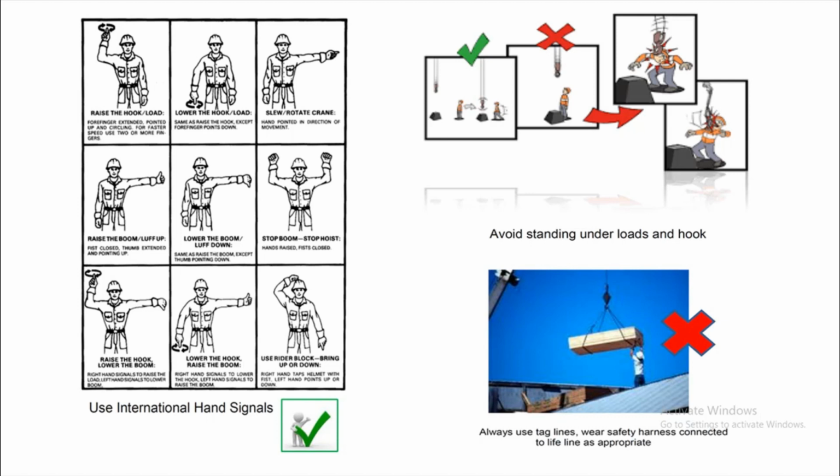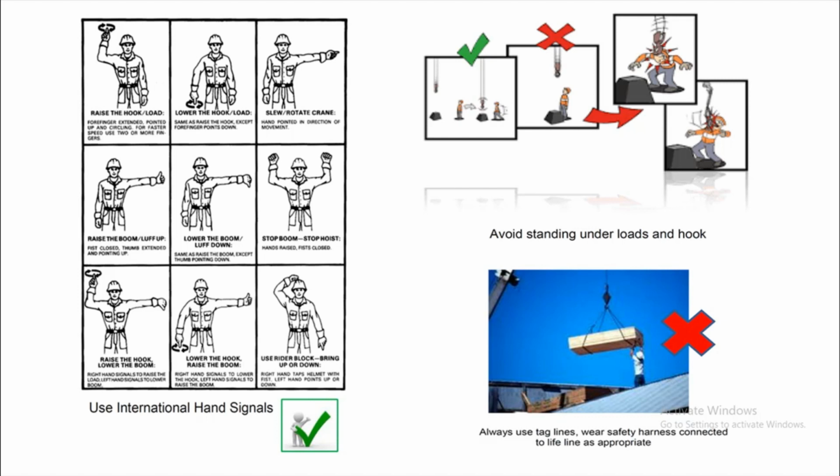Lower the hook, raise the boom. The same technique: one pointing finger rotating downward, and one thumb pointing upward at the same time, means lower the hook and raise the boom.